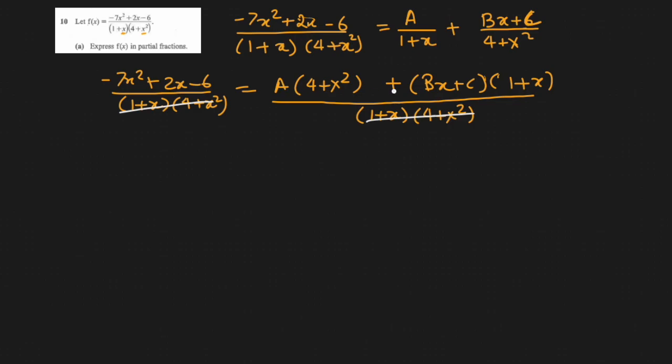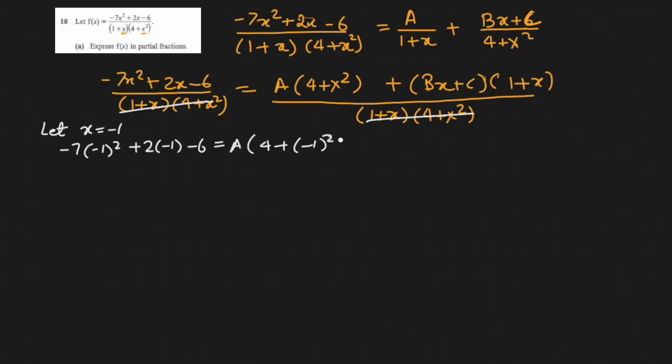Now to find the values of A, B and C, we'll first assume that x is equal to minus 1, so that this bracket becomes 0. So minus 7 times (minus 1) square plus 2 times minus 1 minus 6 equal to A times (4 plus (minus 1) in a bracket).